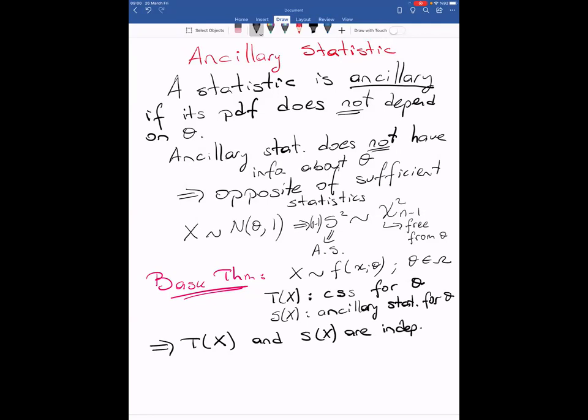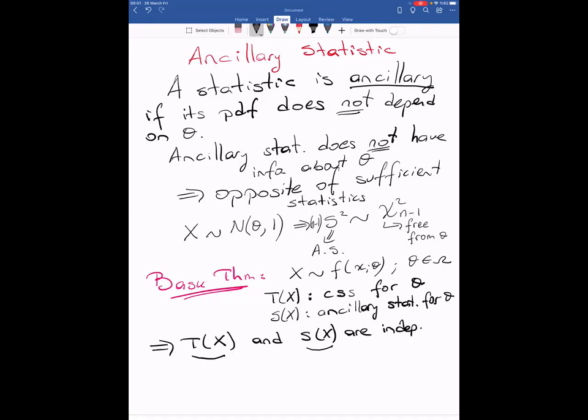Sometimes we have these two statistics and we need to consider their joint distribution. Because of Basu's theorem, if we understand that T(X) is a complete sufficient statistic and S(X) is an ancillary statistic, we can use their marginal distributions, and the joint distribution of these two will be the multiplication of the marginal distributions.